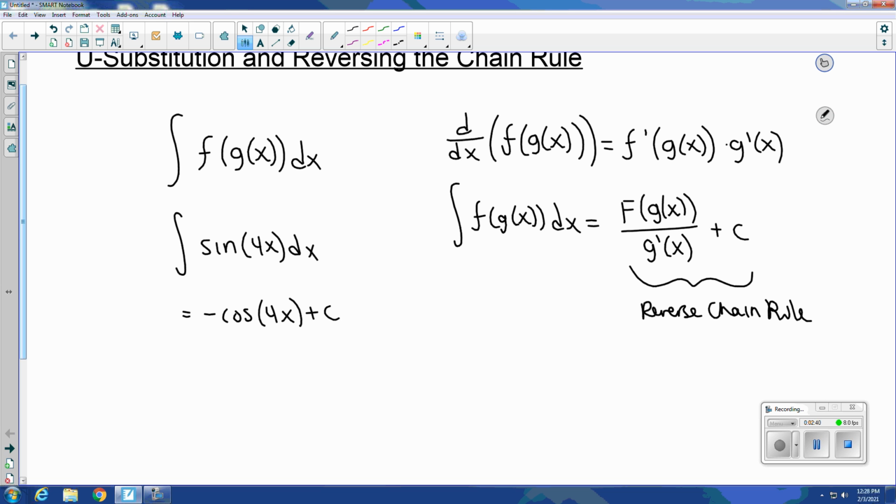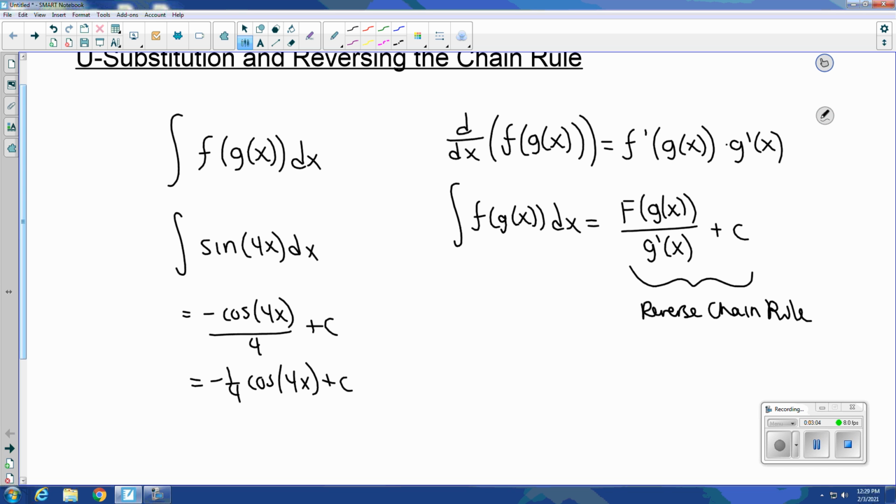So our final evaluation should show negative cosine of 4x, so antiderivative of the outer, still composed with the inner, but dividing by the derivative of the inner. Reformatting, we'll get negative 1/4 cosine of 4x plus c. So there's my antiderivative, and if you were to take the derivative of that, you would get sine of 4x.